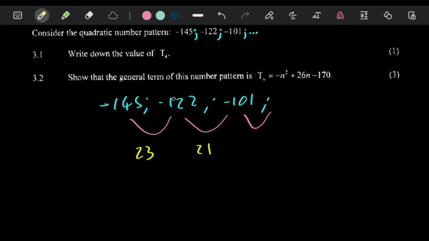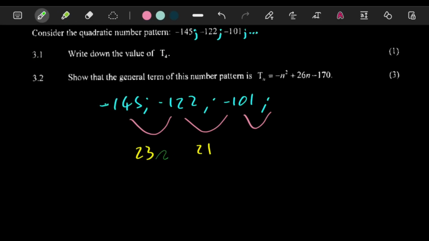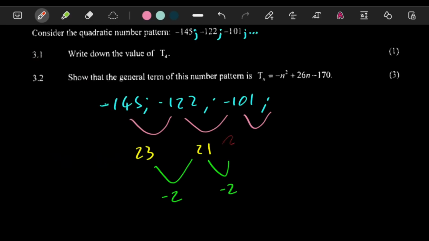Remember the second common difference is a certain value. This is the sequence of first differences, and the second common difference is minus 2, because 23 minus 2 gives you 21, and 21 minus 2, working backwards, gives you 19.